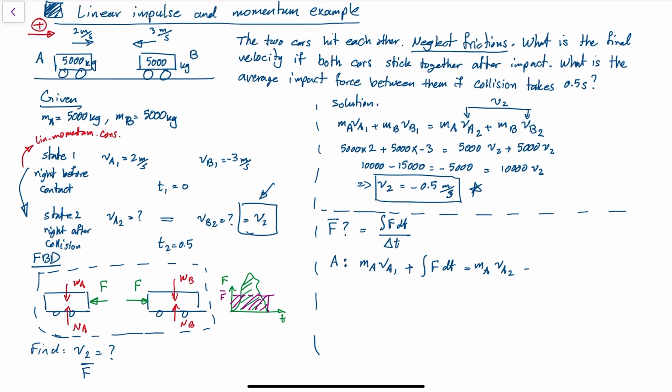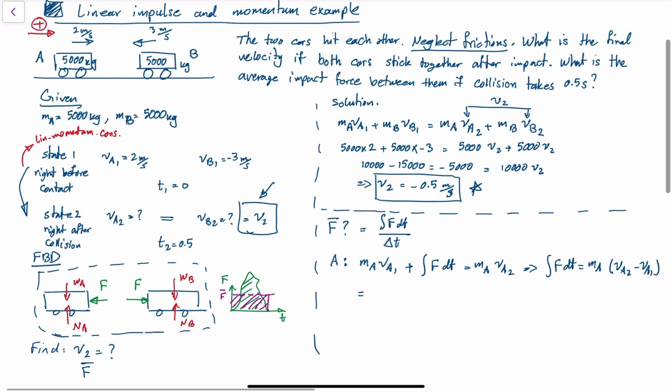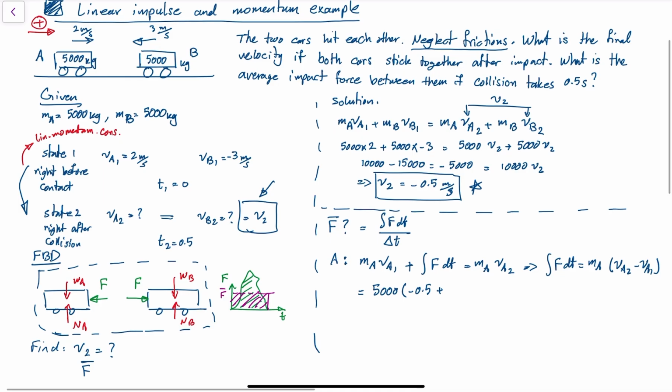Okay, putting the numbers in, the integral of F dt becomes MA times VA2 minus VA1. Now I know these, which is 5,000 times minus half plus 2. So 1.5 times 5,000. How much is it? 5,000 plus 2,500. 7,500.